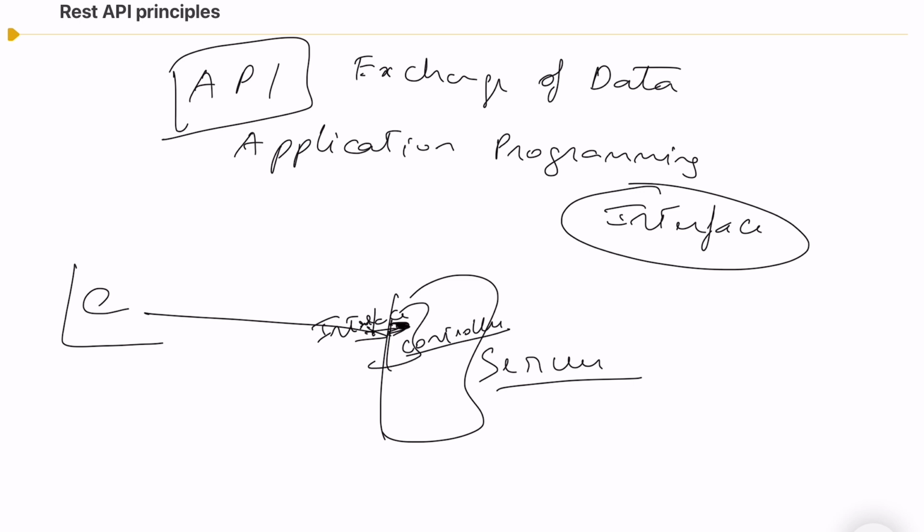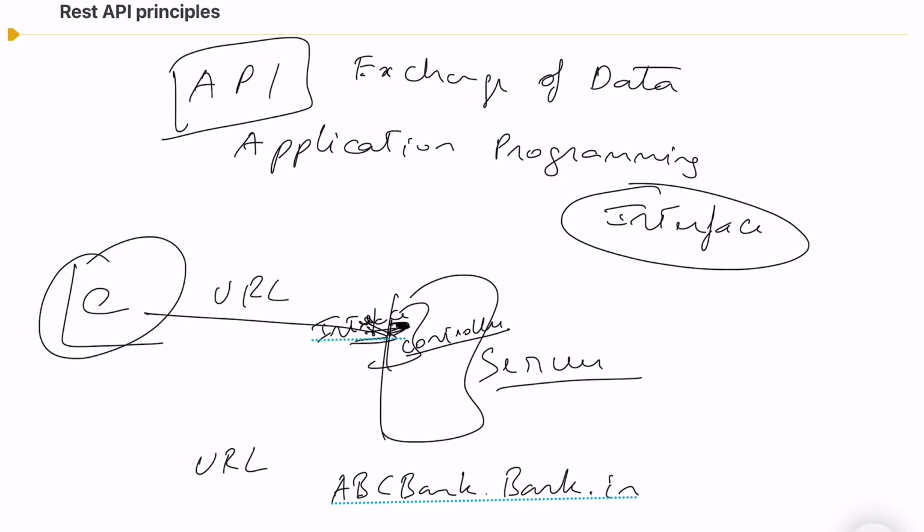How it looks is that if you are using a URL, let's say a URL for ABC bank.in, that URL will help this client to reach the server. But after reaching the server, which is the exact service or the endpoint it wants to hit?